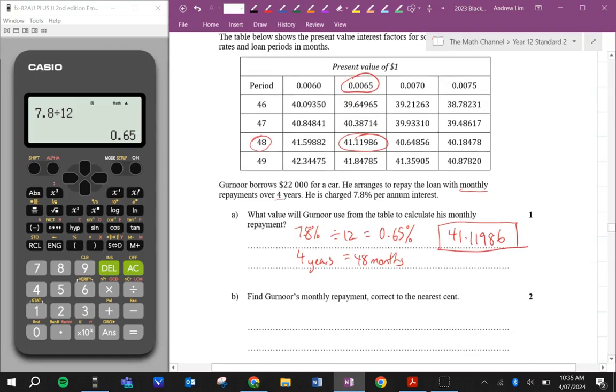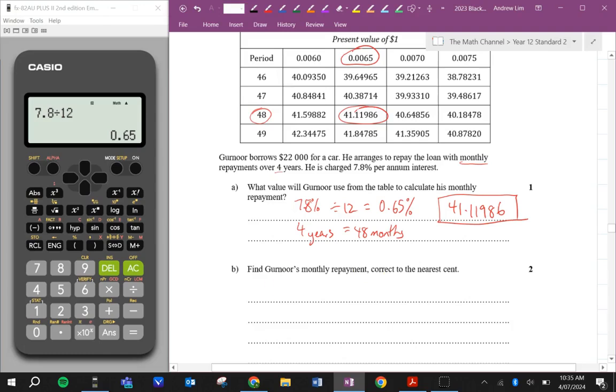Find Gunnar's monthly repayment correct to the nearest cent. So the present value is equal to the monthly repayment times the figure in table. So because he borrows $22,000, that's our present value.